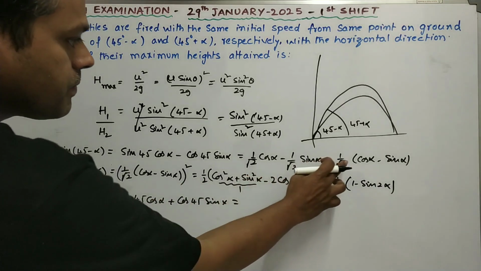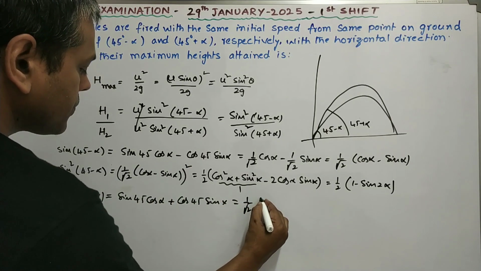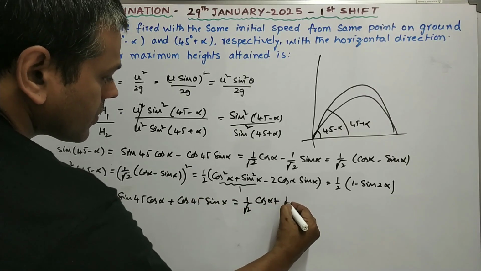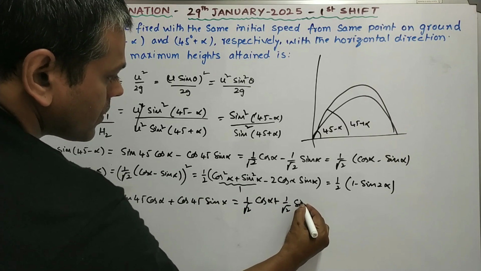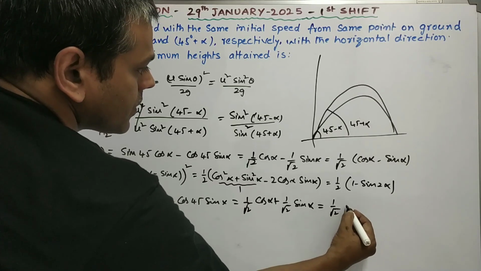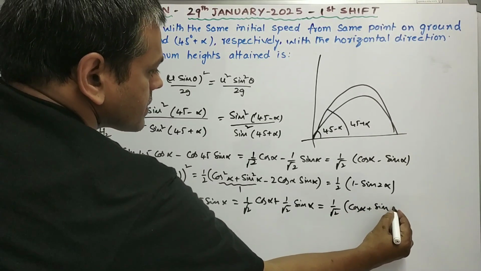Sin 45 is equal to 1 by root 2 into cos alpha plus cos 45, which is 1 by root 2, into sin alpha. From this I would like to take 1 by root 2 common: 1 by root 2 into (cos alpha plus sin alpha).